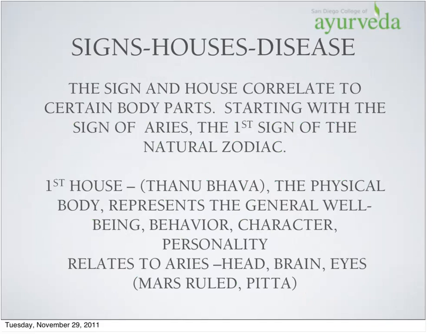It relates to their general overall well-being. And it relates to Aries, which is the first sign of the natural zodiac. You may remember the ram is the symbol for Aries, and so the focus is on the head. Aries relates to the head, the brain, the eyes.